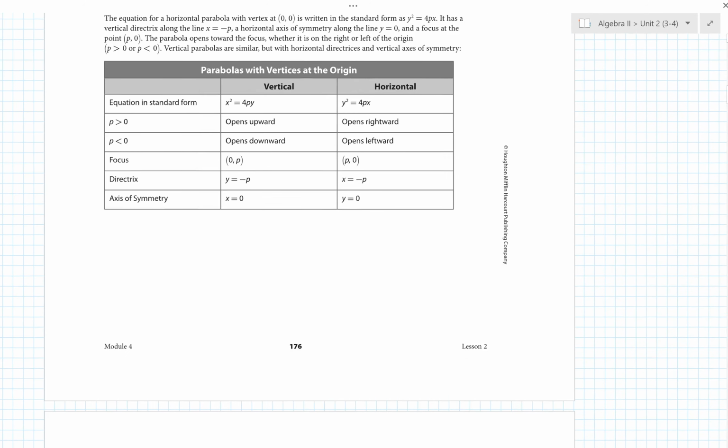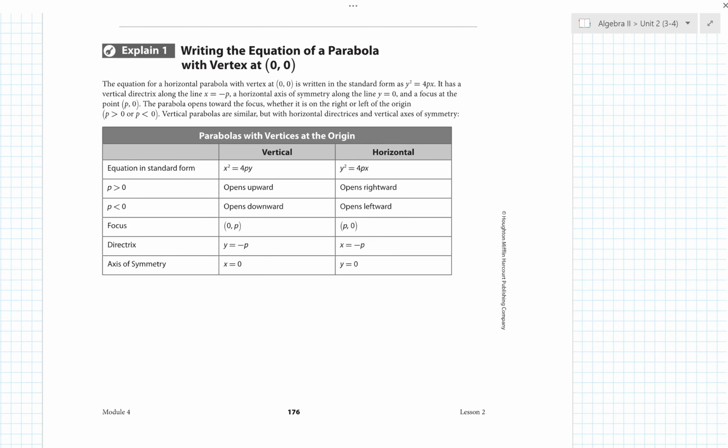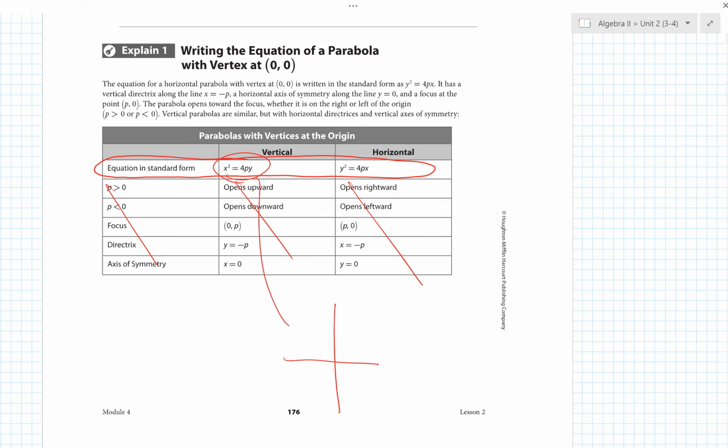If you skip down to page 176, it shows you all you really need in this table is this part. The rest of it will come from the graph, so you don't need to pay attention to the rest of that stuff. We've changed the form of our equations, so now we are solving for x squared or y squared. A vertical parabola means it goes up or down.